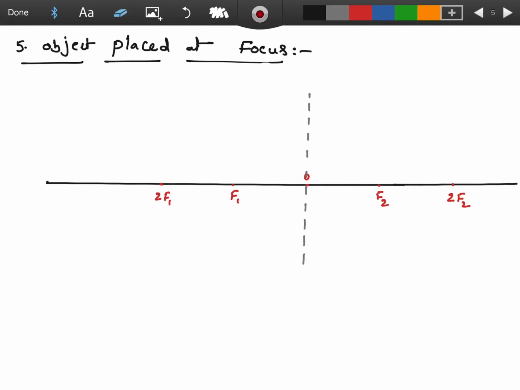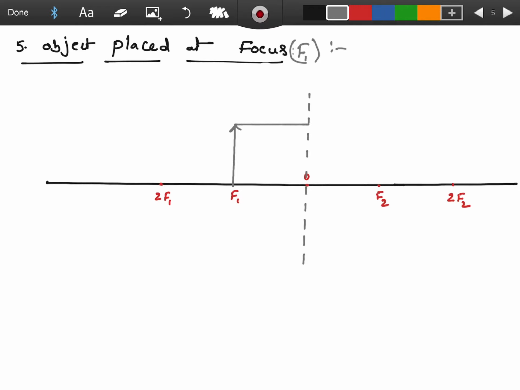Now coming to the object, where it is placed: object placed at focus f1. Object placed at f1, first light ray as usual, which is parallel to the principal axis.